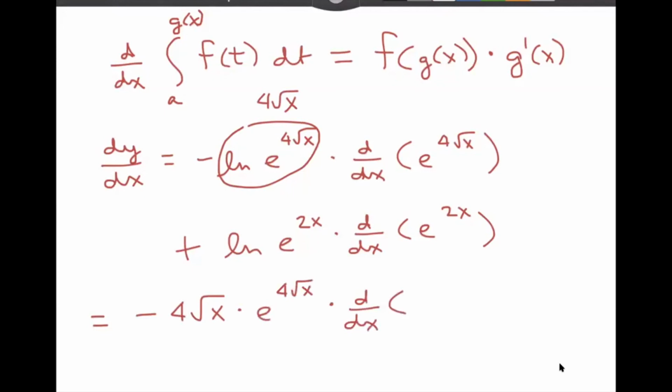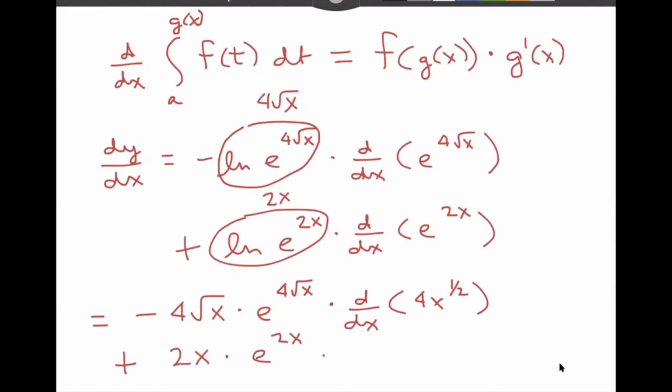And while I'm at it, instead of writing 4 square root of x, let's write it as 4x to the power 1/2. Okay. So we'll come back to that in a second. And then for this other term, the natural log of e to the 2x is just 2x. The derivative of e to the 2x is e to the 2x times the derivative of 2x. All right, so about one more step, I think I'll have the answer.